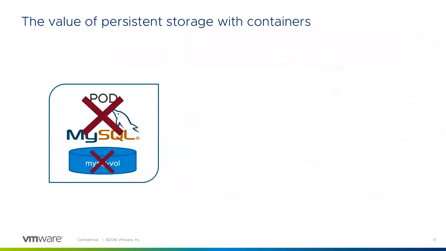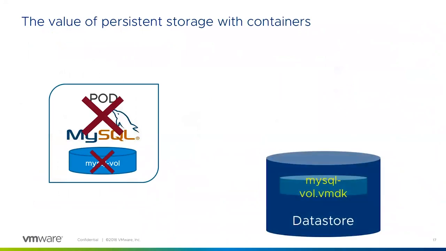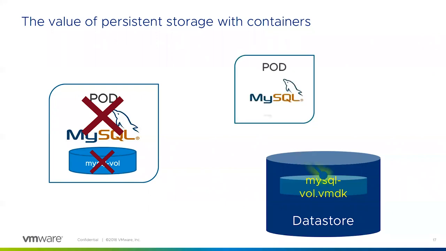But with PKS and Project Hatchway, which is integrated in PKS, you can now create persistent storage on the ubiquitous datastores that you have available with VMware. It doesn't matter whether underneath that datastore it's NFS, SAN, or iSCSI, or what vendor it is. As long as it's represented by a datastore, we can create persistent storage on top of that.